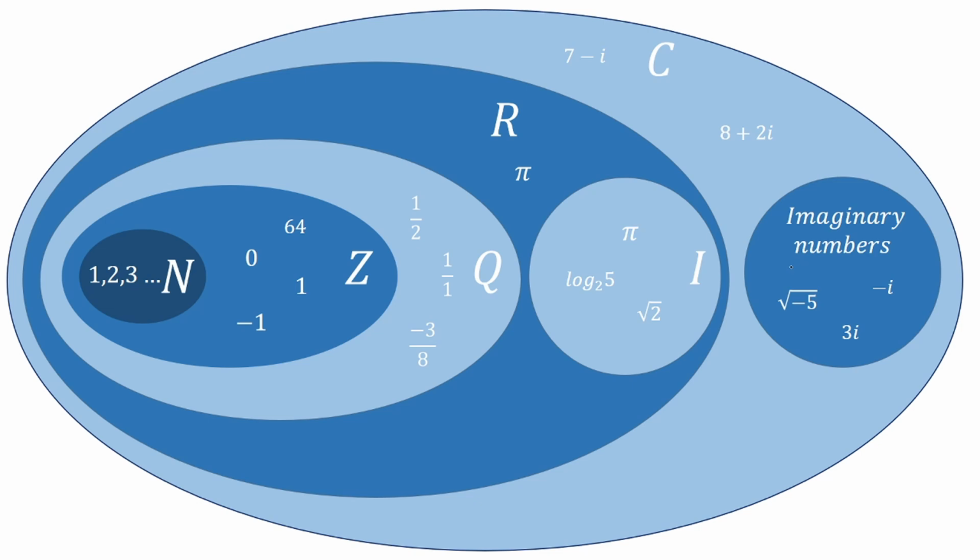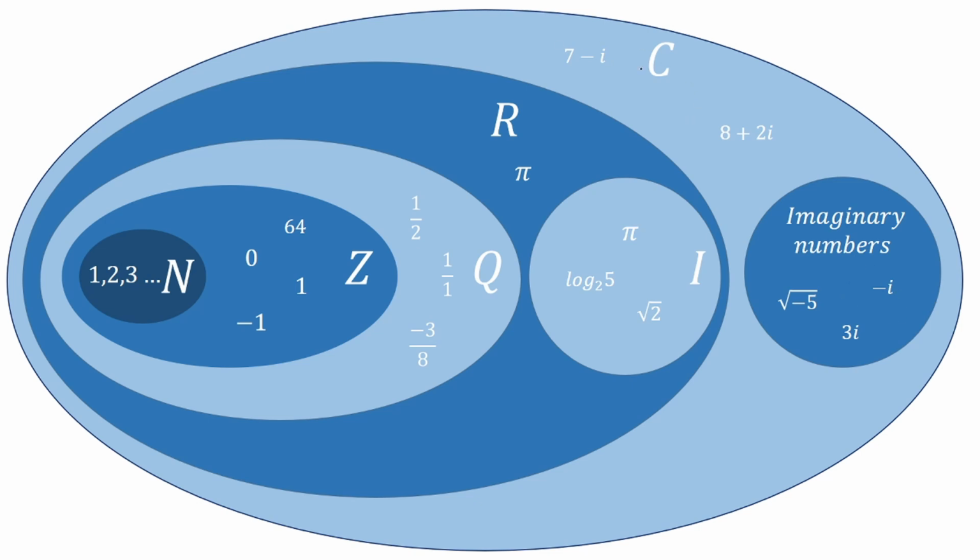Some imaginary numbers are, for example, the square root of any negative number, negative i, 3i, where i is the square root of negative 1. So these are the numbers which we can define with an exact number.